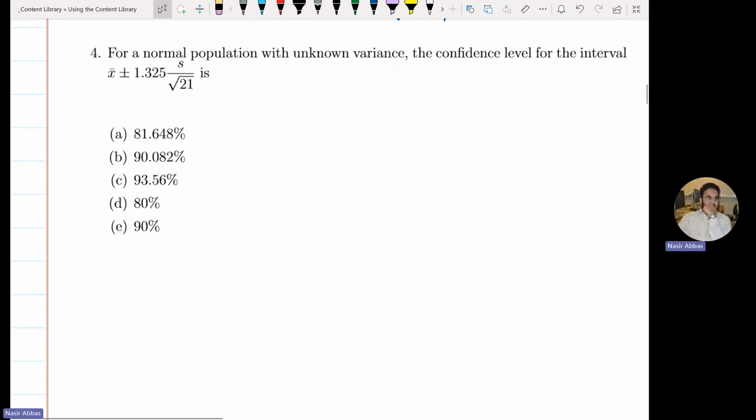Question number 4. From a normal population with unknown variance, this is very important information. Unknown variance, the confidence level for this interval is what? You are given a confidence interval, which is x bar plus minus 1.325 multiplied by s over square root of 21.